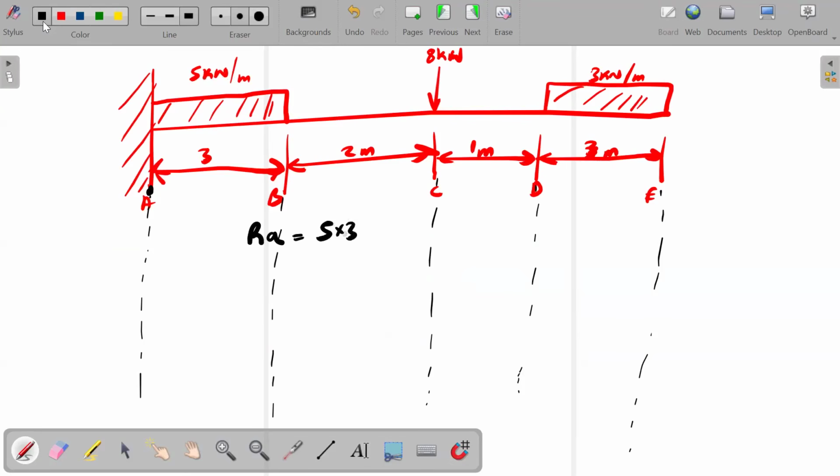That's going to be 5 times 3, plus 8, plus 3 multiplied by 3. And that gives us 32 kilonewton. We can do this somewhere aside. So now we have RA, the reaction force. The moment we do so, we can now draw our shear force diagram.